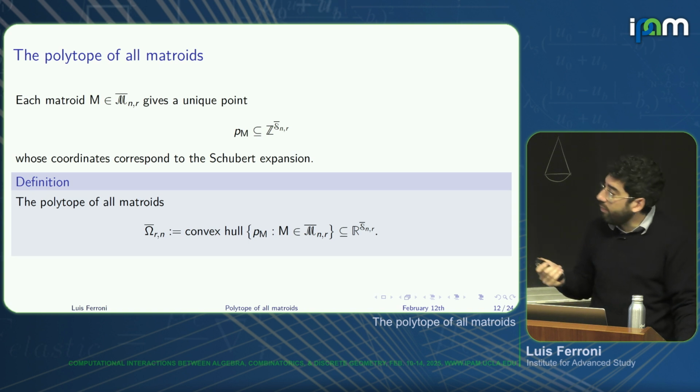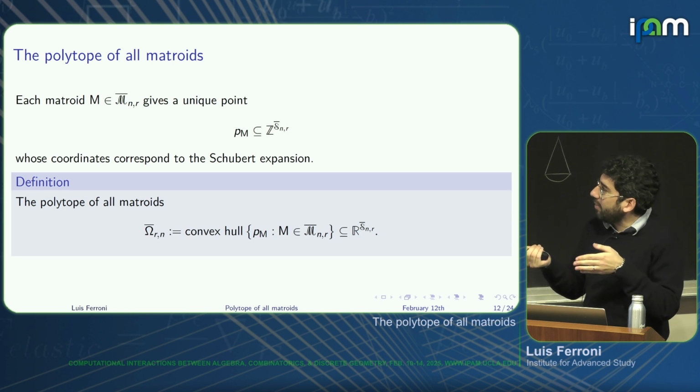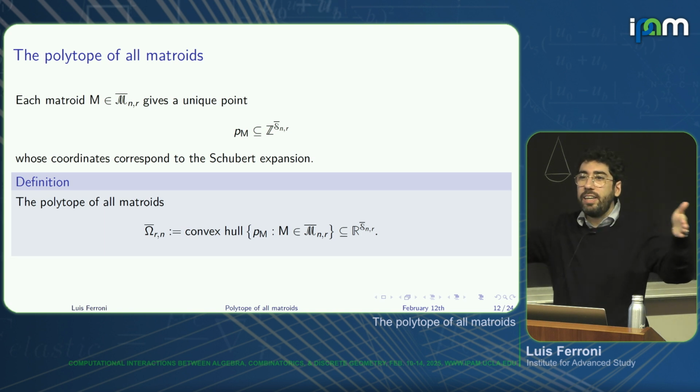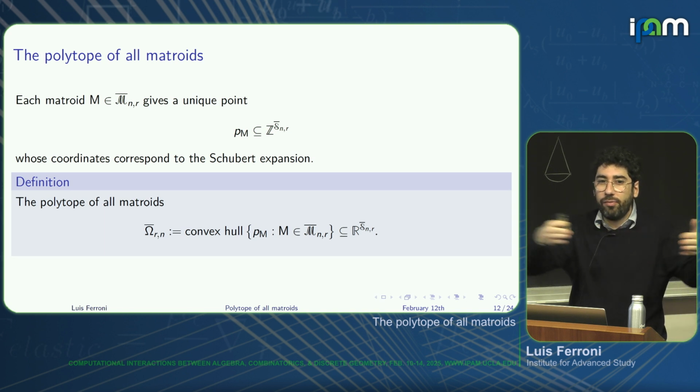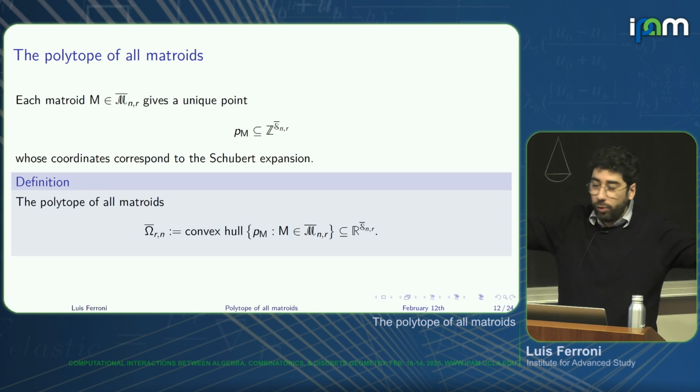So let me define the polytope of all matroids. If you give me a matroid M, here I'm taking any matroid, I don't care about the labeling, this will give me a unique point, P of M. Let's be very precise here. I have one integer coordinate per Schubert matroid, so this is a huge vector having as many coordinates as there are Schubert matroids.